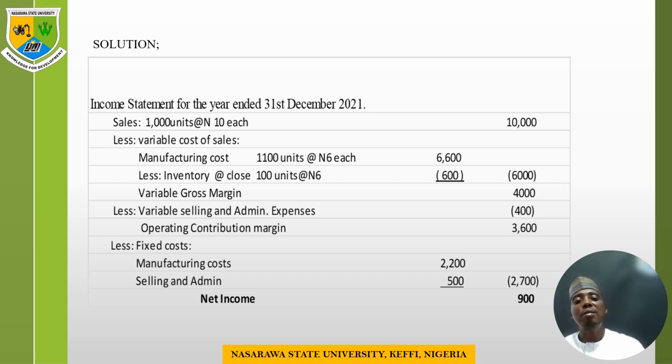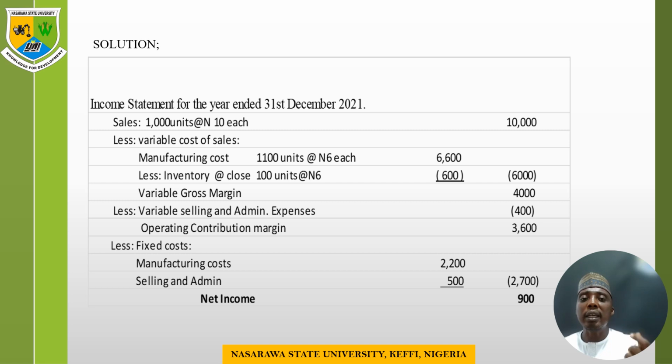You could see from this statement, in preparing the income statement using the marginal cost approach or technique, it separates the variable cost from the period cost. I told you already that period cost is a fixed cost. So in determining your net income, you must separate the fixed cost or period cost from the variable cost.